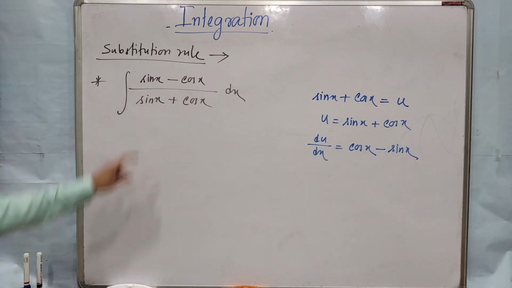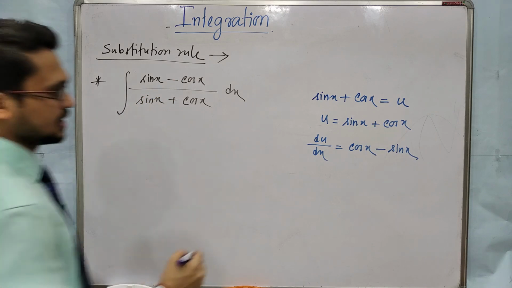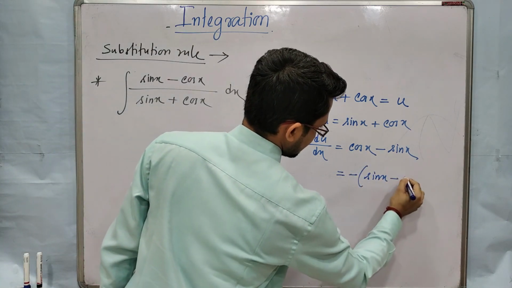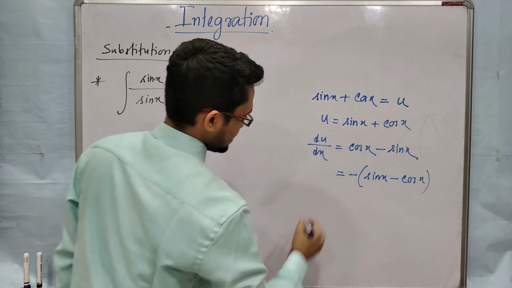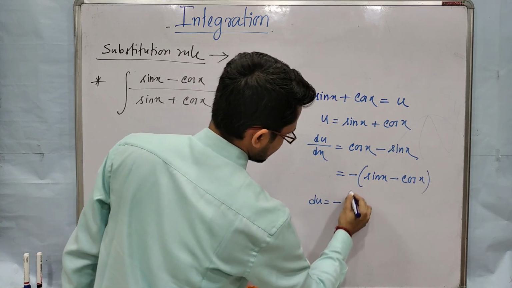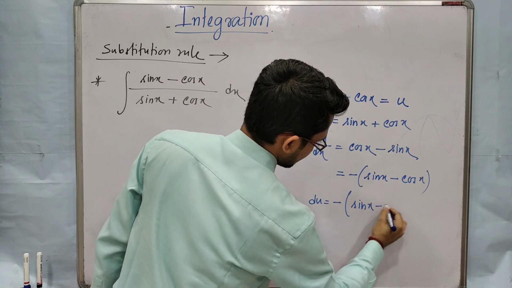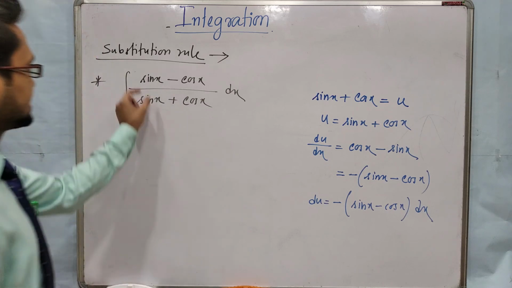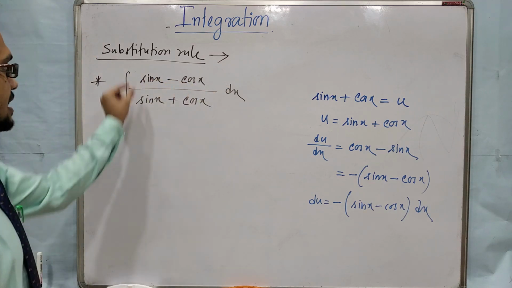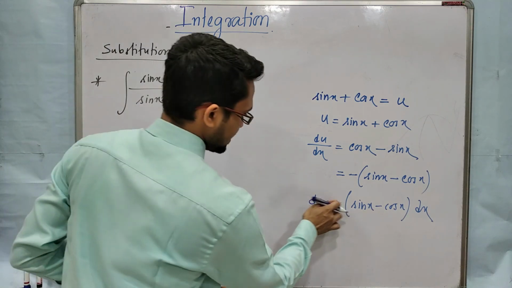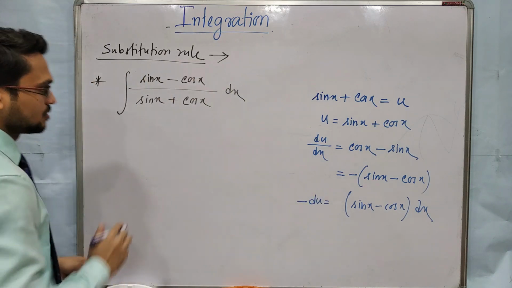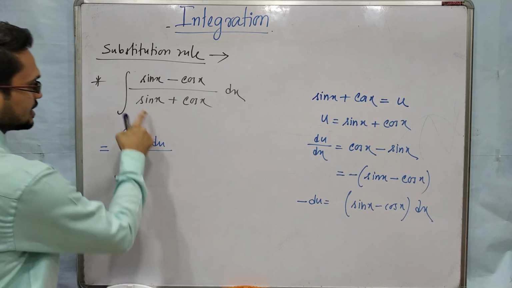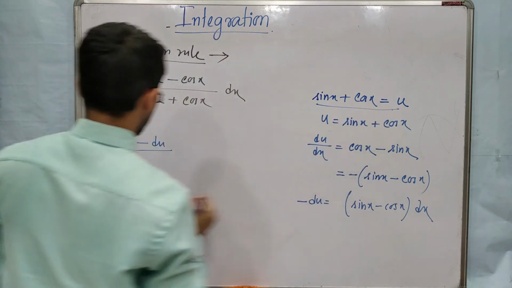In the numerator here it is sin x minus cos x. So take minus common, and the same thing will come, sin x minus cos x. Then du will be minus sin x minus cos x dx. So only sin x minus cos x dx will be minus du. The numerator part is minus du and the denominator part is u.